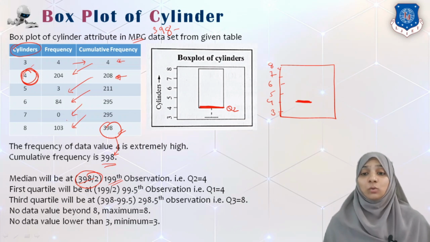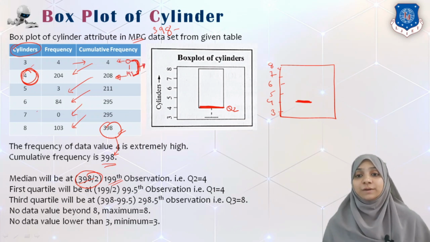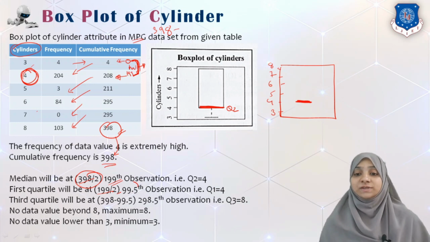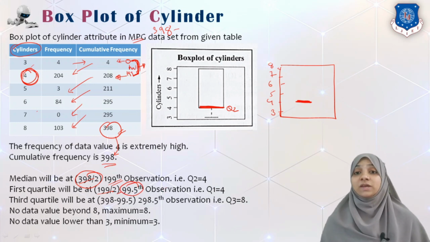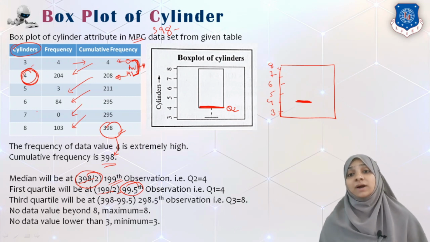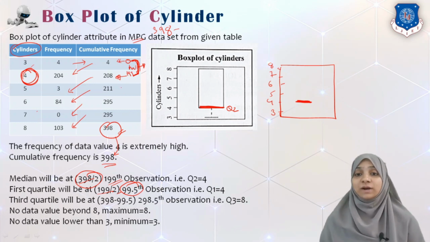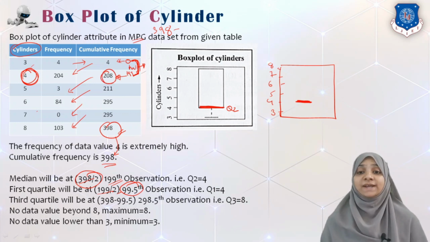Now quartile 1 is nothing but the middle of 0 to 199, that is 199 minus 0 divided by 2, which is equal to 99.5. That means the 99th sample or 100th sample will fall here and they will also have a value of 4.